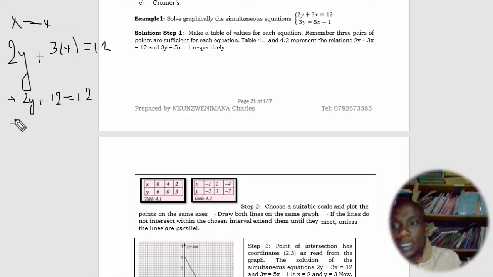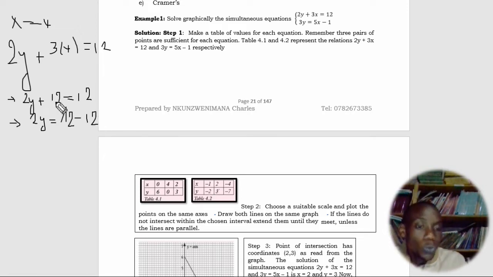Now we are going to group the similar term or related term. It means 2y in the left side will equal to 12 minus 12. 12 comes from the left side to the right side, it changes the sign.